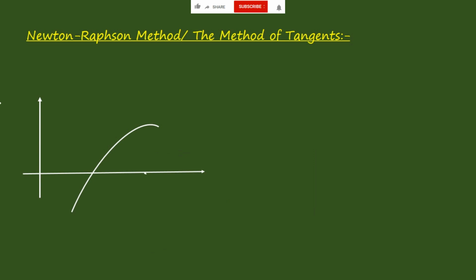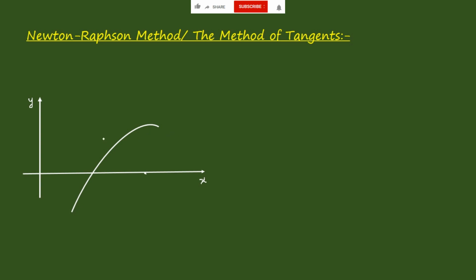Coming to Newton-Raphson method. It is also known as the method of tangents. I will be explaining how this Newton-Raphson method solves problems and finds the roots of an equation. If you consider a graph here, this is the x-axis, this is the y-axis, and there is a curve here.